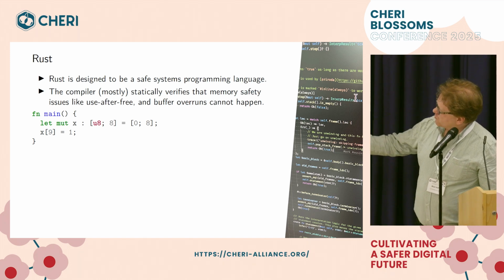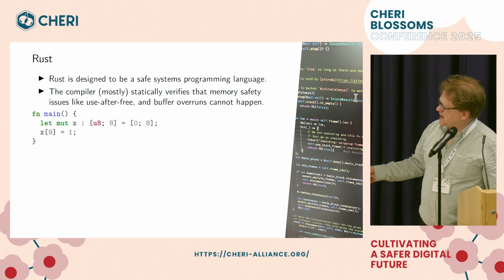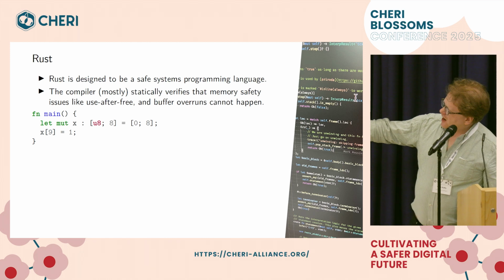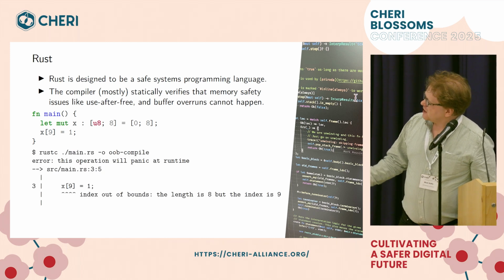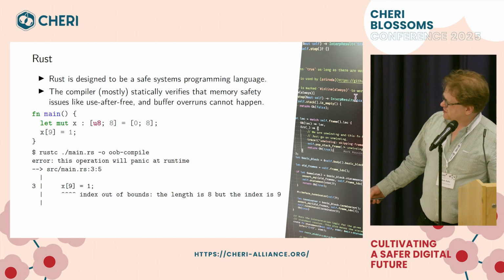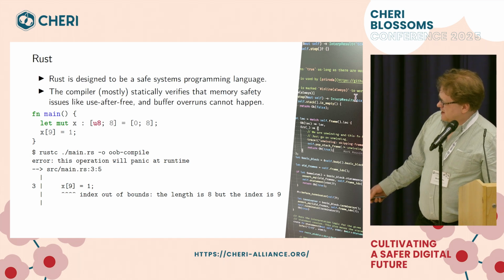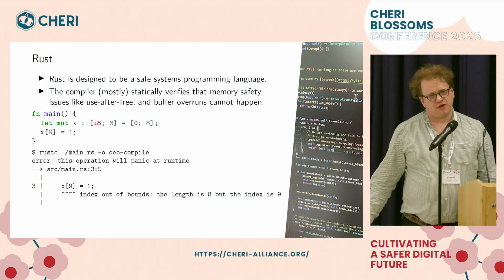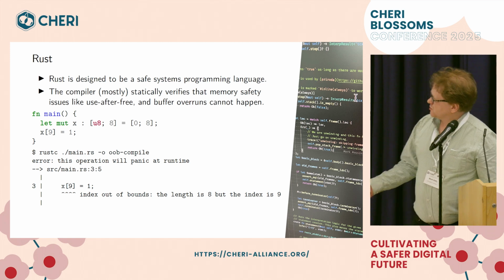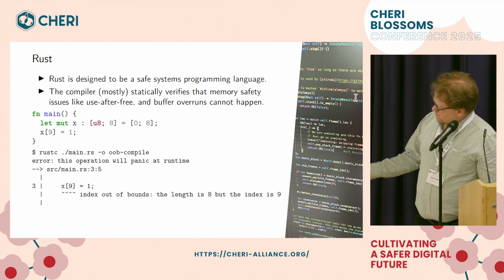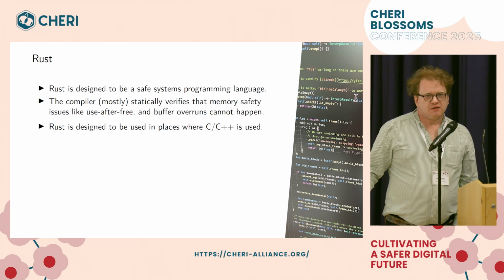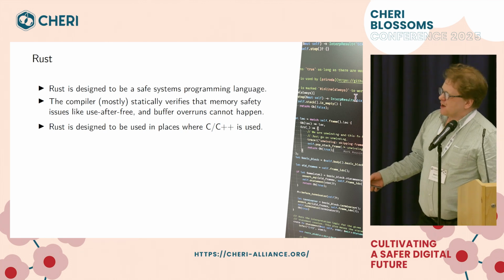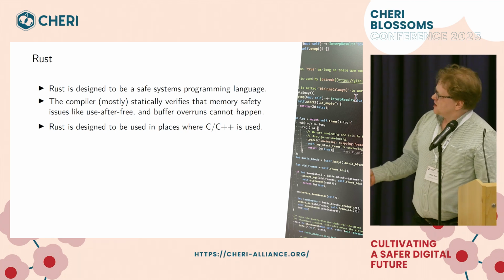So we've declared an array here from 0 up to 8, and we're accessing index 9 there, so that's outside the array. And if we compile this with the Rust compiler, we're going to get an out-of-bounds error at compilation, so not like at runtime, as it would be with Cherry. So yeah, we get memory safety, mostly through static checking, but there are these runtime checks.